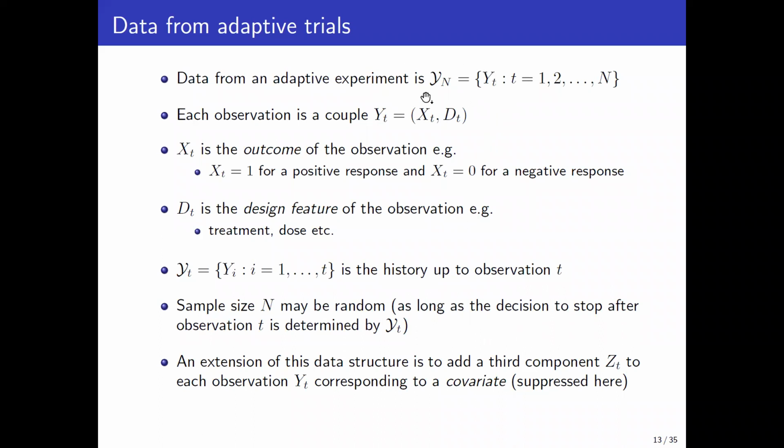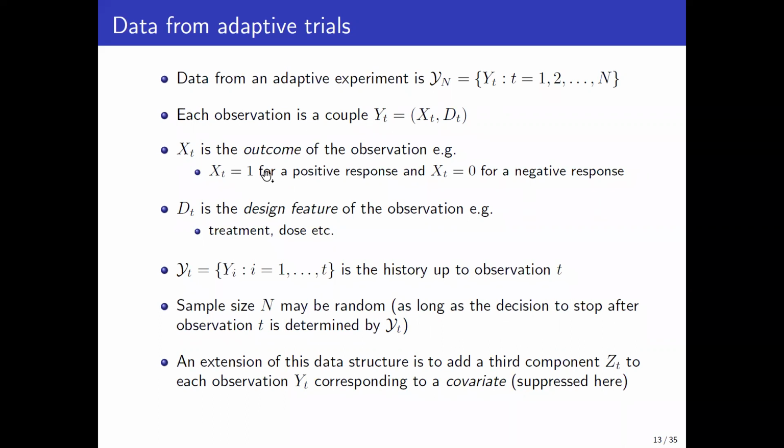But we have a sample of observations from an adaptive trial with sample size n. And one of the key defining features is that each observation involves both an outcome, which we'll refer to as X, and this might be the response to the treatment. So did the patient respond or not respond?